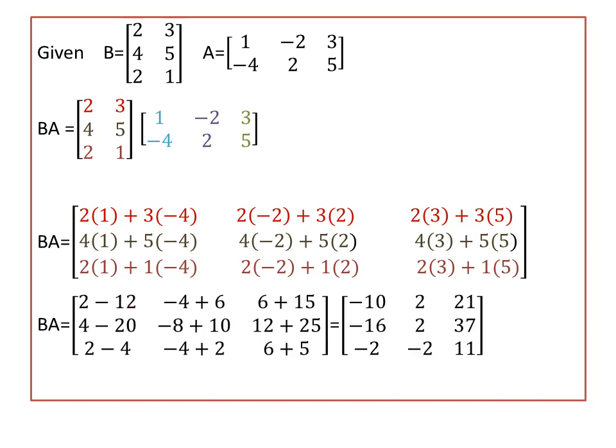By simplifying, we'll get BA is equal to [2 - 12, -4 + 6, 6 + 15; 4 - 20, -8 + 10, 12 + 25; 2 - 4, -4 + 2, 6 + 5], that is equal to [-10, 2, 21; -16, 2, 37; -2, -2, 11]. This is the product of matrix BA.